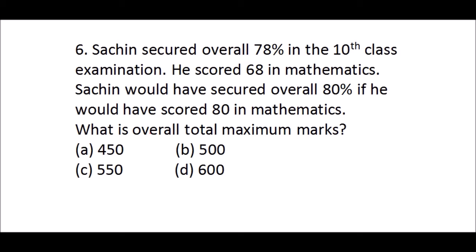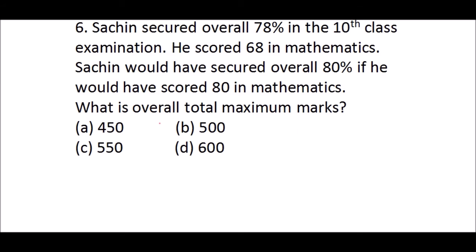What is the overall maximum marks? In that question, there are a number of subjects, and in one subject, which is mathematics, if he would have got 12 marks extra, then the overall percentage would have increased by 2%.